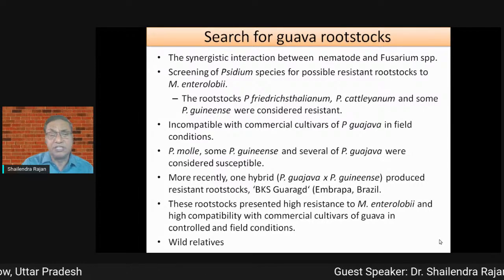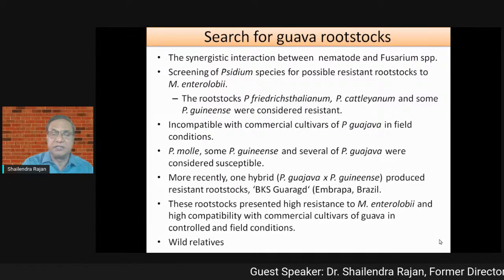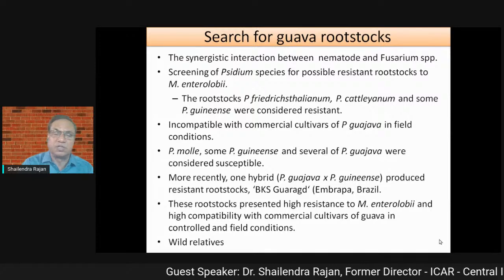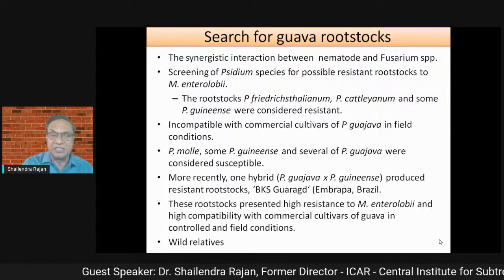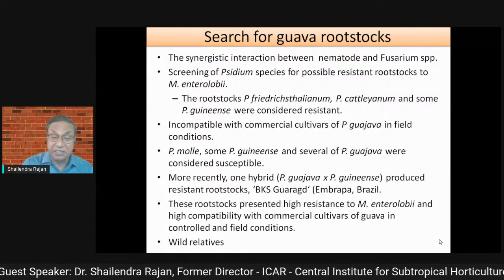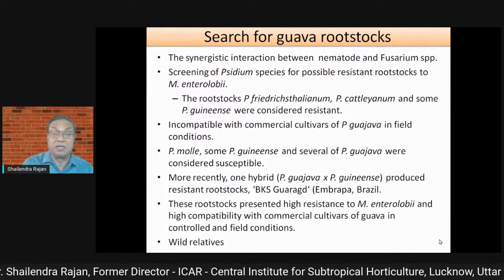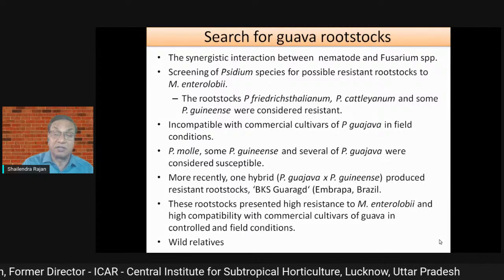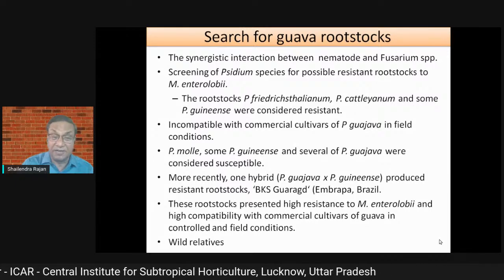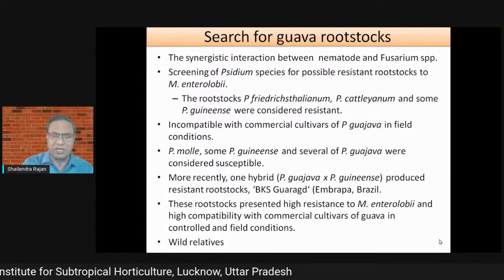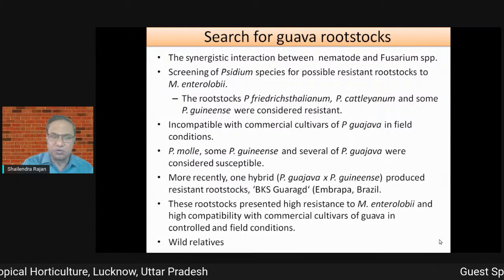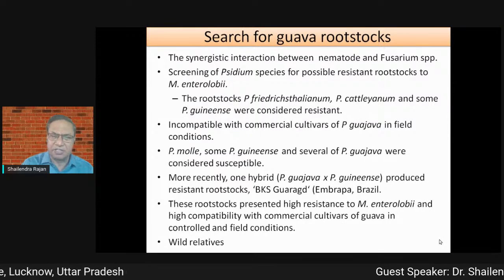The Meloidogyne enterolobii has entered India from Bangladesh to other parts of the country through the cuttings of the Thai pink guava varieties, which were not particularly commercial for a long time, but now those were multiplied in millions and supplied in different parts of the country.